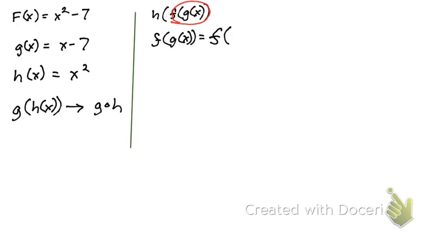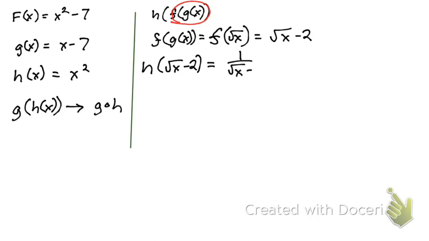G of x was square root of x, so if I plug square root of x into f, we would have square root of x minus 2. Then to finish this off, we do h of square root of x minus 2. Our h of x is 1 over x, so it would just be 1 over square root of x minus 2. So that's my function.